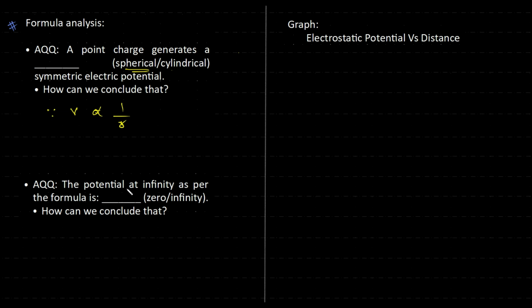Now, the potential at infinity as per the formula, what will that be? All you have to do is substitute r as infinity. So 1 by infinity is 0. So V is equal to kq by infinity. So this is 0.